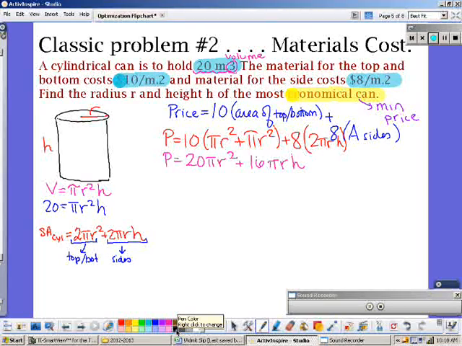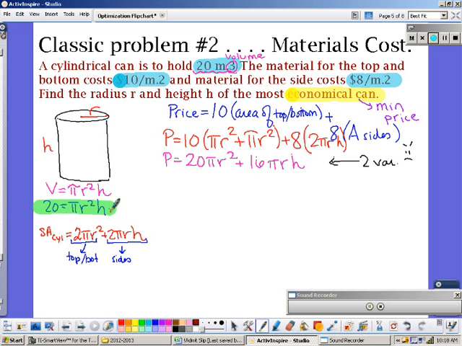Now what I notice is this pink equation has two variables, which is a problem. If you ever have two variables, then we're going to go back to our known information that's over here, and we're going to isolate one of those variables. Now, if I look at this known equation right here, then I see that I could isolate h, or I could isolate r, but honestly it looks like it's a lot easier to isolate h, so let's do that.